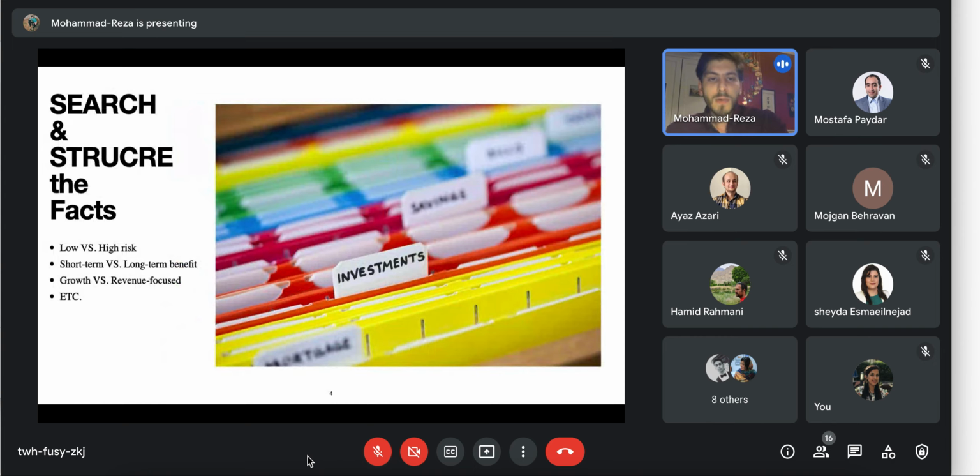So the thing we have to do is simplify the question and the problem into the more important things, and we have to categorize and structure the problem.